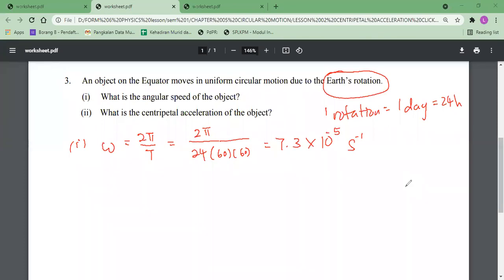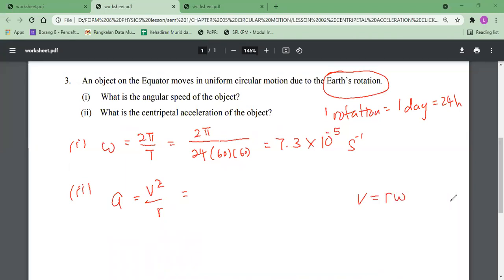Question 2: what is the centripetal acceleration? We use the formula a equal to v squared over R. V is equal to R omega.